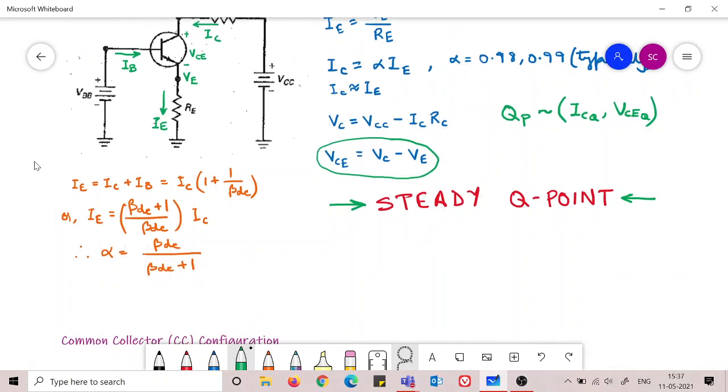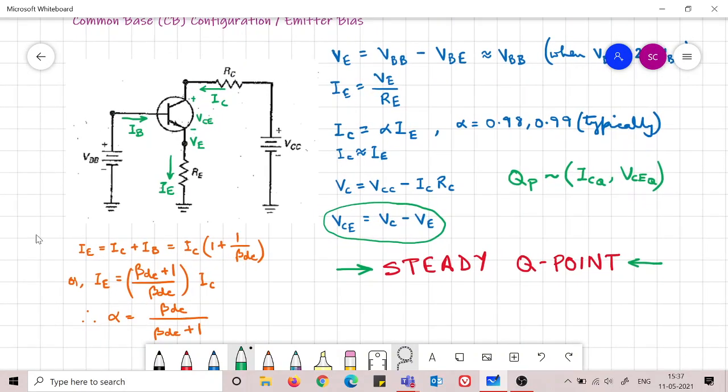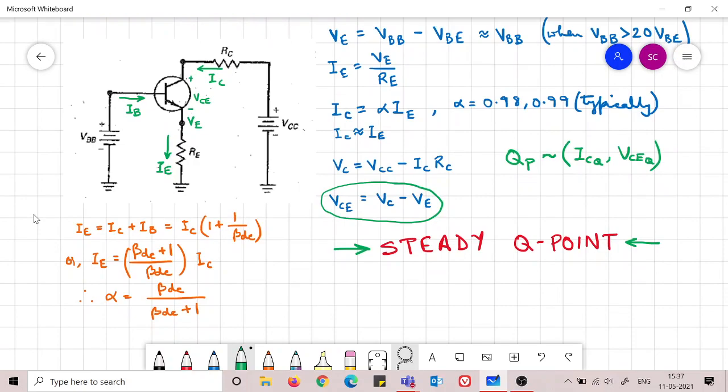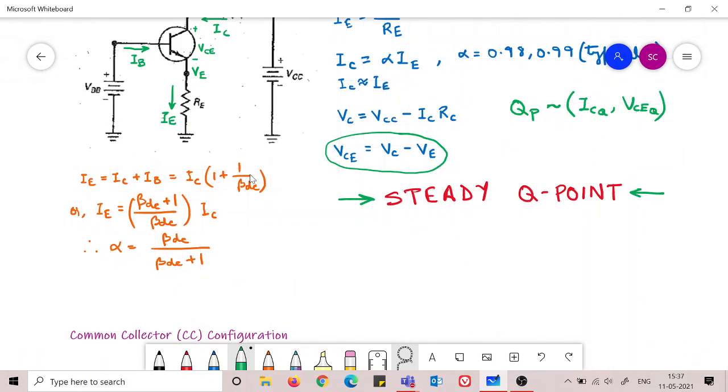There is a relationship between beta and alpha, the beta gain IC by IB and the alpha gain IC by IE. We have already discussed that in the earlier class. I will not go into that again, but that relationship comes very easily using the KCL.